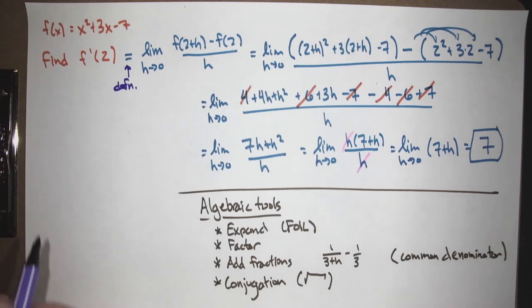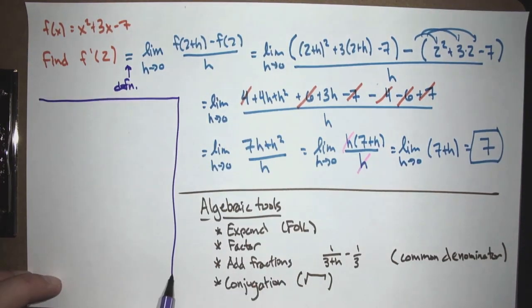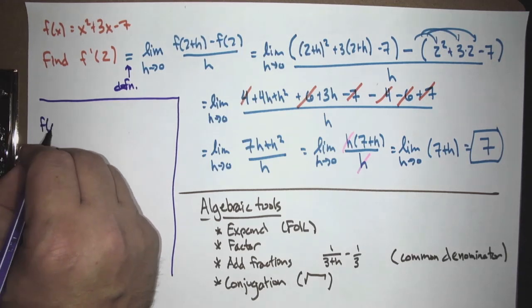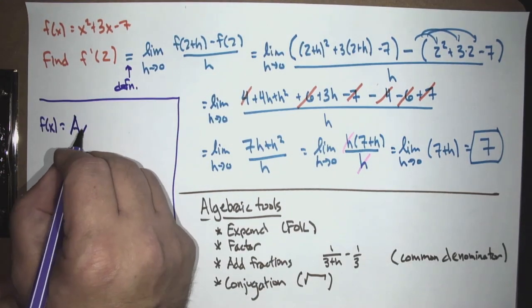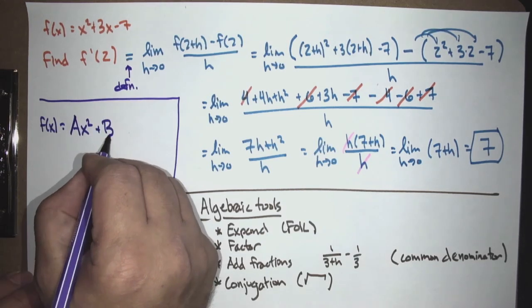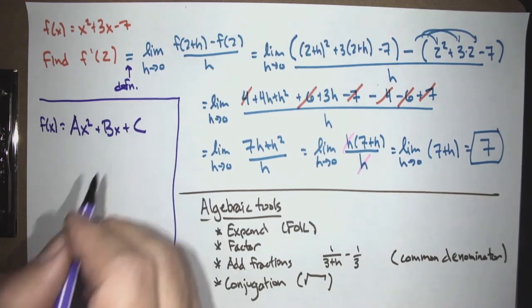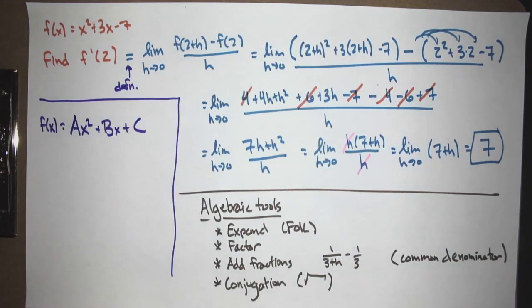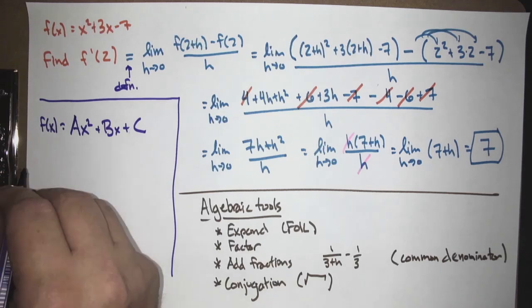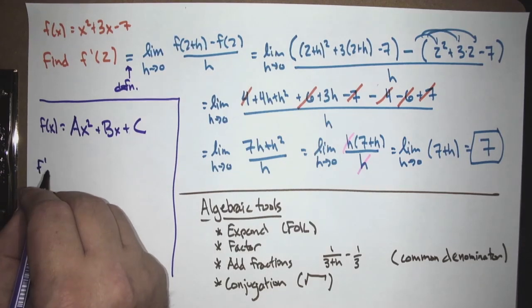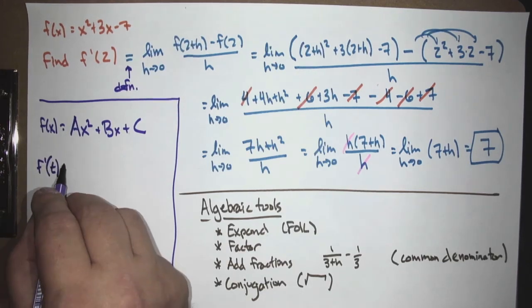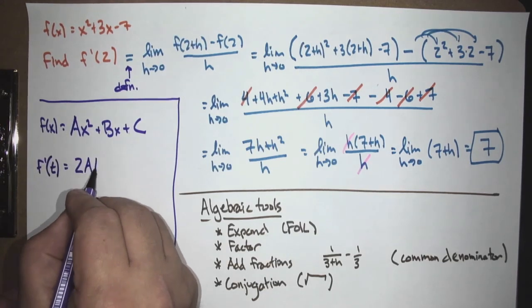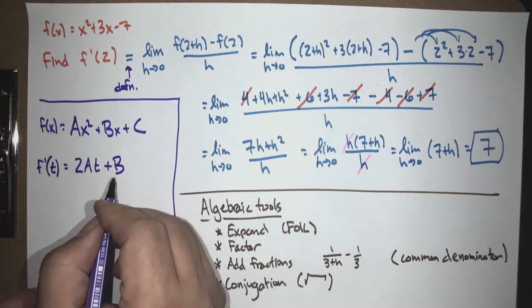In the interest of full disclosure, I will say for a quadratic, which this isn't a quadratic, if you have ax squared plus bx plus c, where a, b, and c are arbitrary numbers, then f prime at a point t will turn out to be 2a times t plus b.